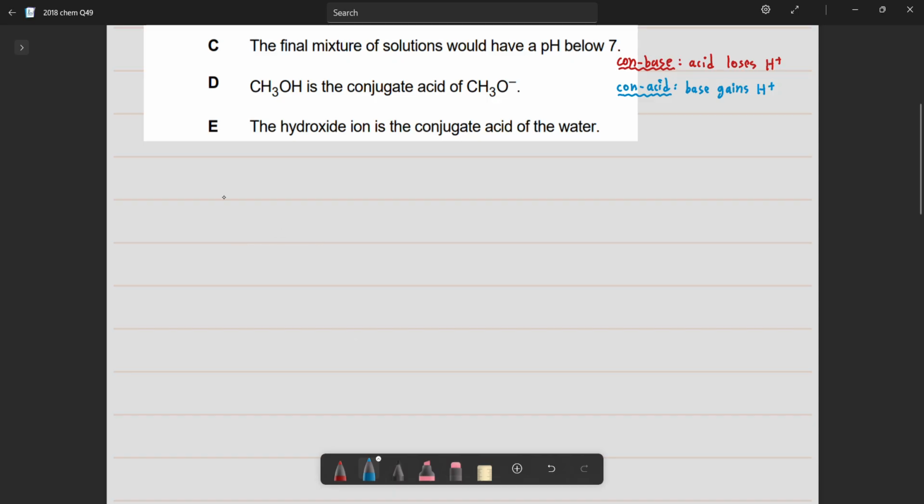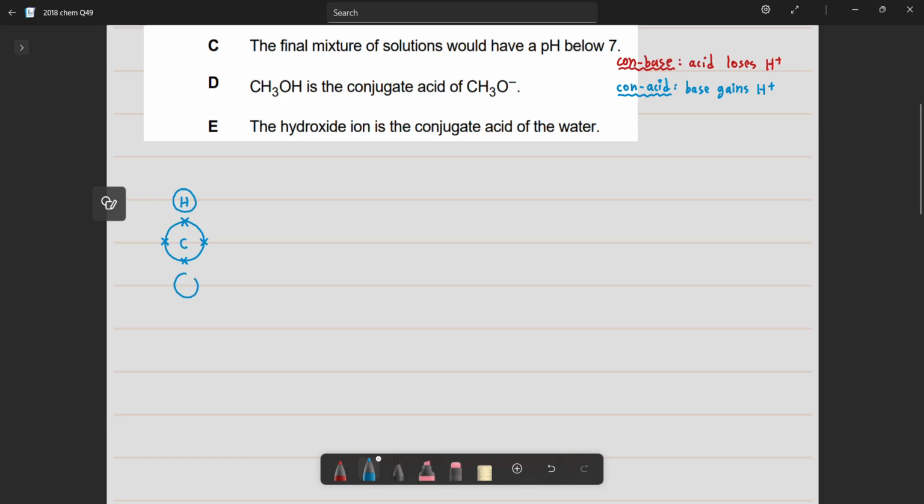This is the methoxide ion, which I'm going to draw here. I'm just going to draw a dot and cross diagram so that we can also understand the octet rule and how the electrons are being transferred between the species.